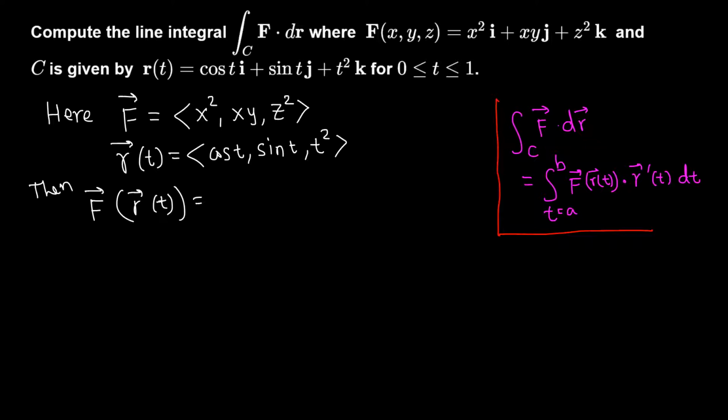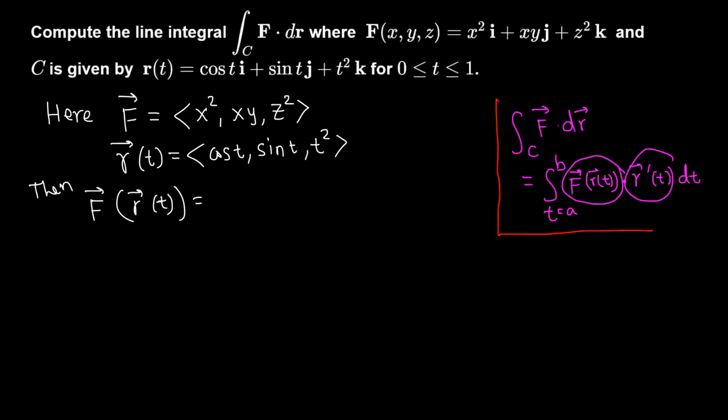So dr is in fact the derivative of r with respect to t, dt. Okay, so let's evaluate this and this, and then we are ready to apply the formula for F of r(t).